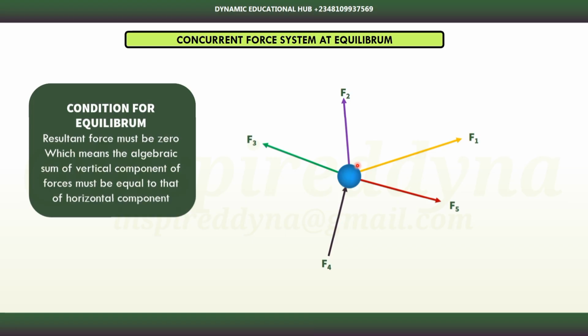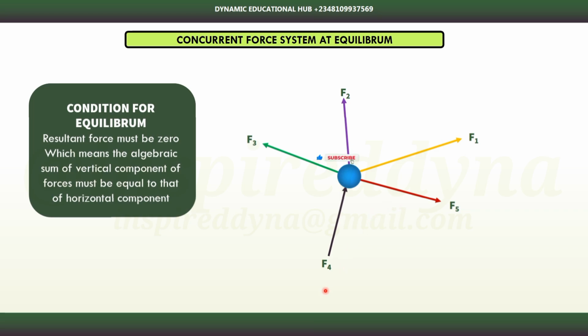In the same way, the algebraic sum of vertical components of the forces acting on this concurrent force system must be equal to the horizontal components. What did I mean? Each one of these forces will have two effects, both vertical and horizontal effects.